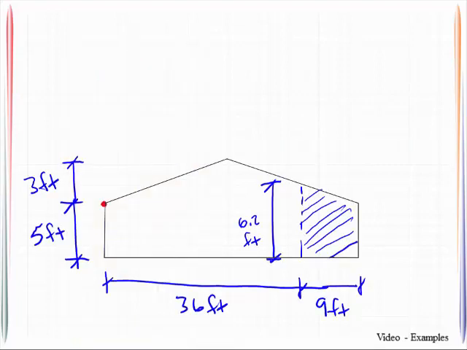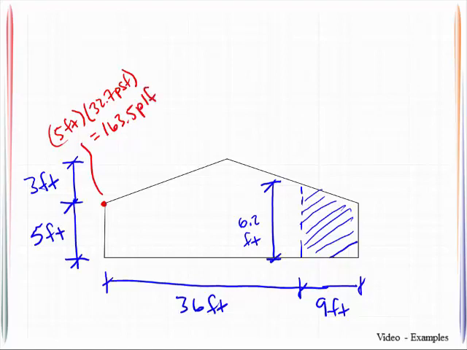So I'll get a quantity right here based upon the tributary height. So let me just do it like this. We've got 5 feet tributary height at this location times 32.7 PSF, and that will equal 163.5 PLF.